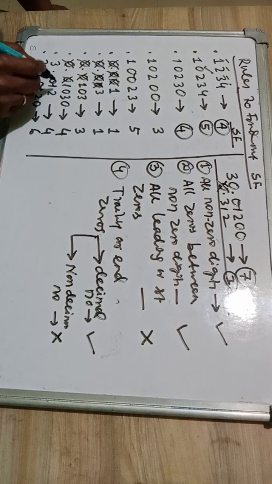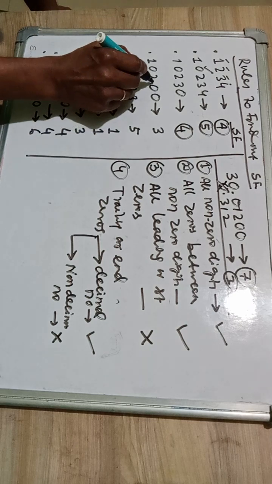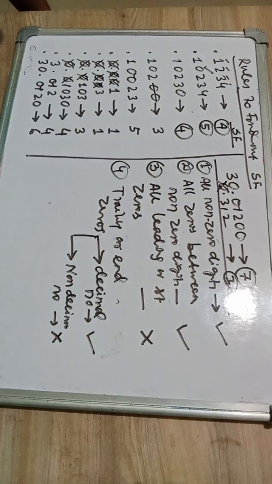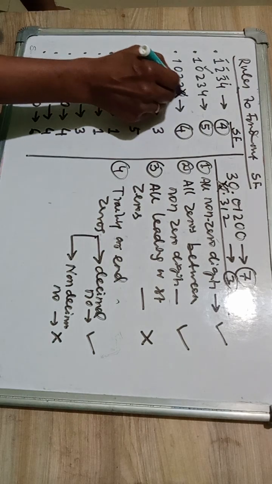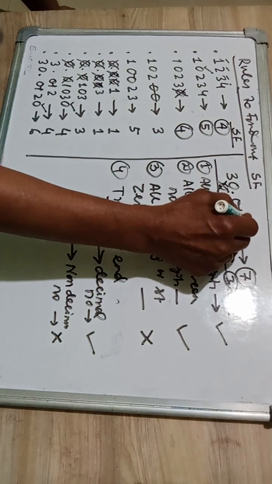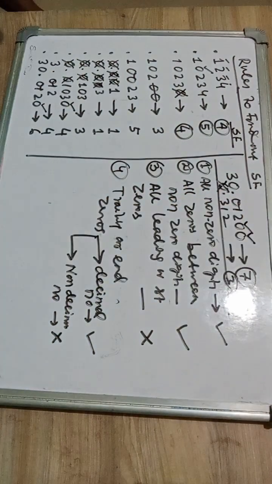Here, this is non-decimal, and this is again non-decimal. Here it is a decimal number, hence this is significant. Here it is after the decimal, it is significant. Here also it is after the decimal, it is significant.